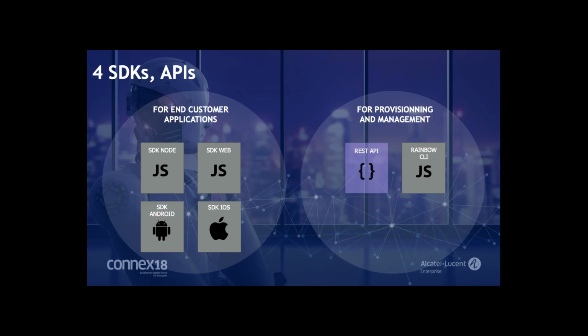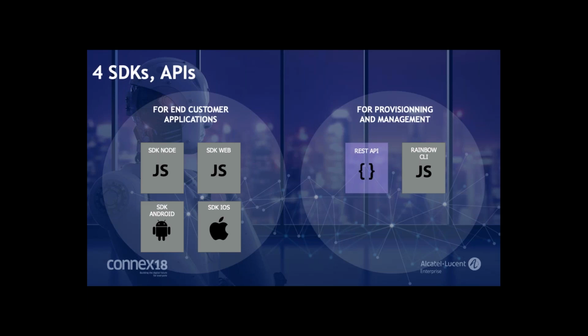For that, you need an SDK. We have 2 for building mobile applications, one for iOS and one for Android. They have approximately the same level of features. And we have one for building web front-end applications, and the last for back-end applications based on Node.js.